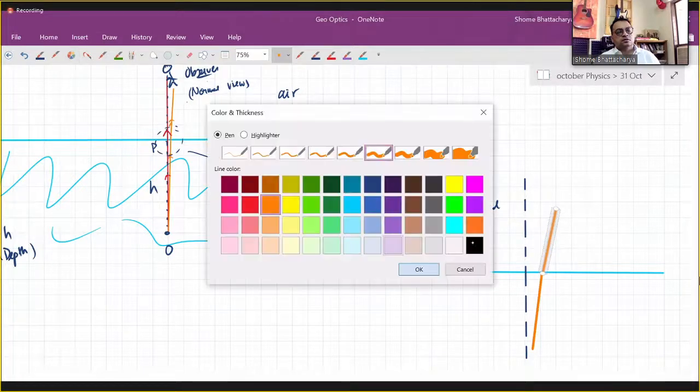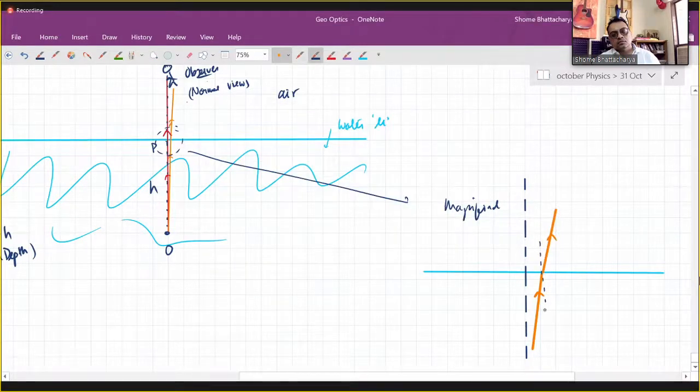Somewhat like this. So this is the angle of incidence.